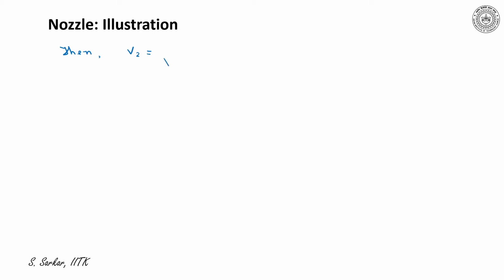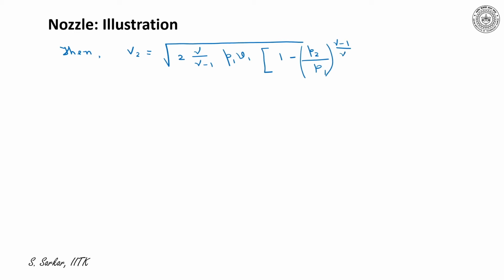V2 can be written as root over twice gamma by gamma minus 1 into P1 V1 into 1 minus P2 by P1 to the power gamma minus 1 by gamma into eta n, nozzle efficiency. This will be the actual velocity.